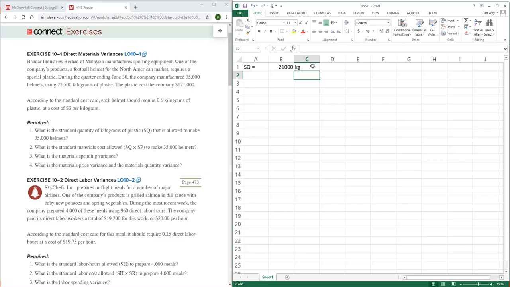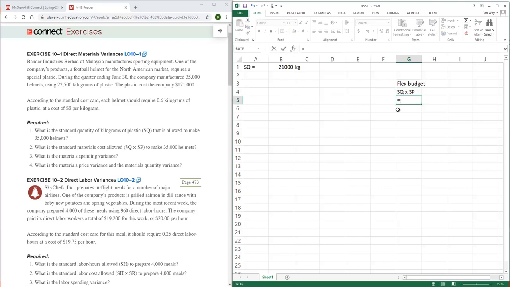Requirement 2 said, well, what's the standard materials cost allowed? So that's the SQ times SP to make 35,000 helmets. And if we think about it in terms of our overall variance analysis framework, we'd be looking at sort of that far right column, right? The standard quantity times the standard price, which was essentially our flex budget.